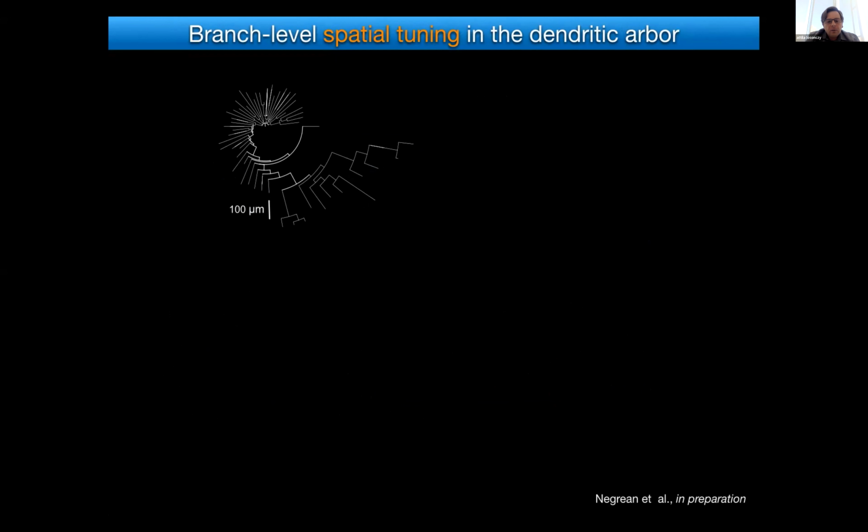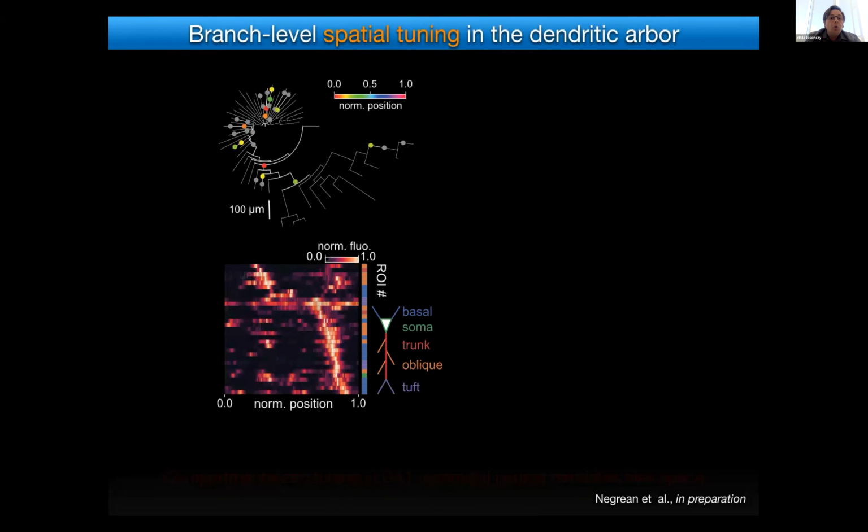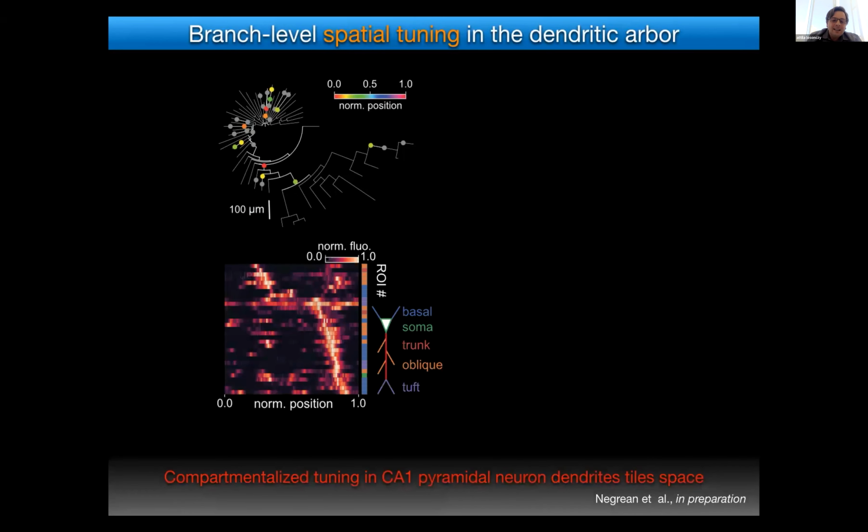And we indeed found that a subset of the dendritic segments exhibited significant spatial tuning, as illustrated here in the heat map of the normalized depolarizing event tuning curves, sorted by their peak position along the treadmill. As you can see, these dendritic branches tile the space.